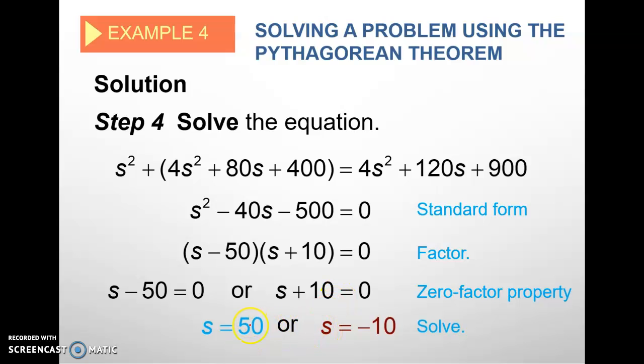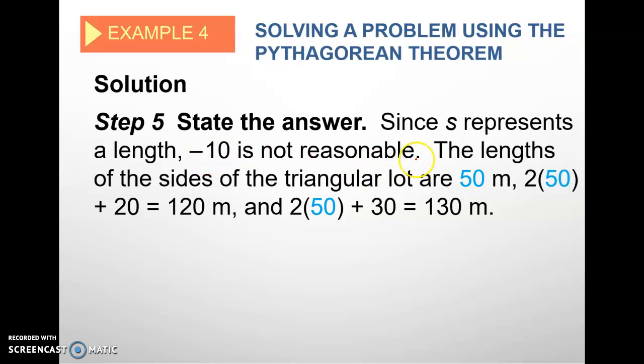You have to use the positive, so we neglect the negative, and we use s as 50. Then state the answer. s represents the length of the shorter leg, so the shorter is 50, the longer is 2 times 50 plus 20, which is 120, and the hypotenuse is 2 times 50 plus 30, which is 130.